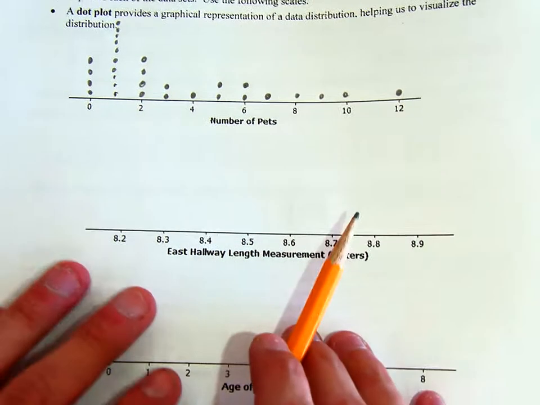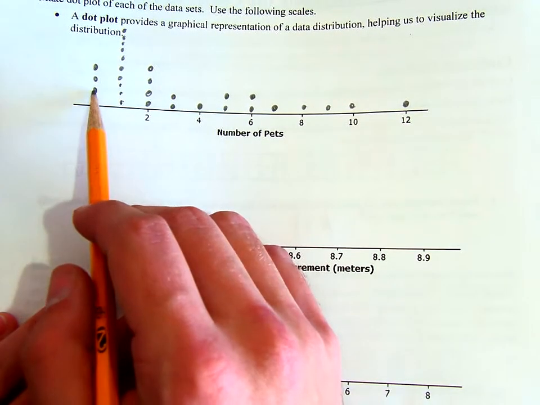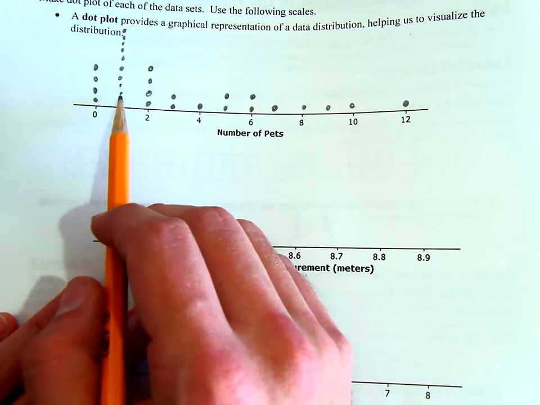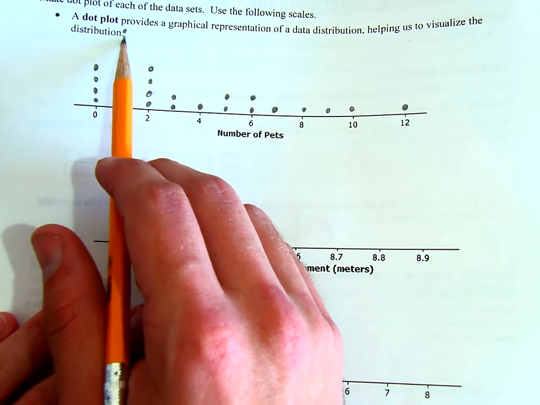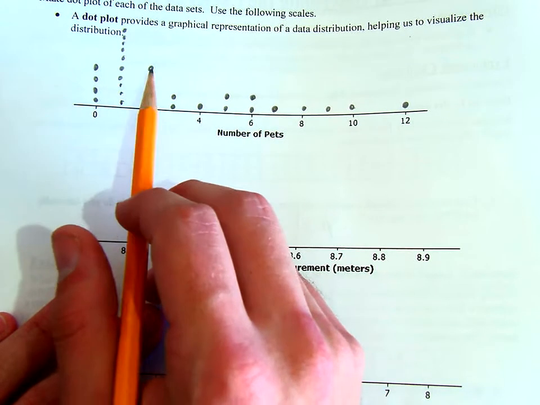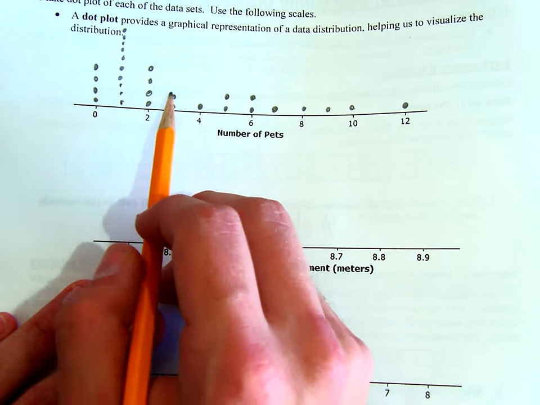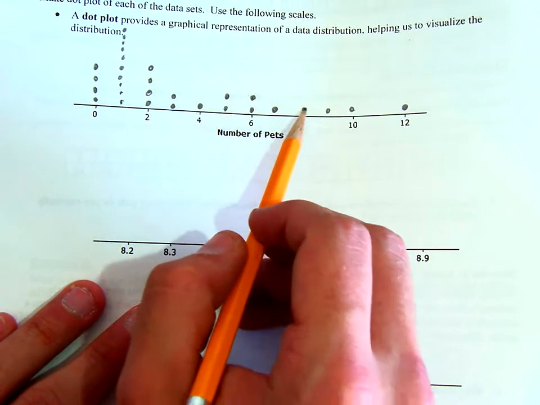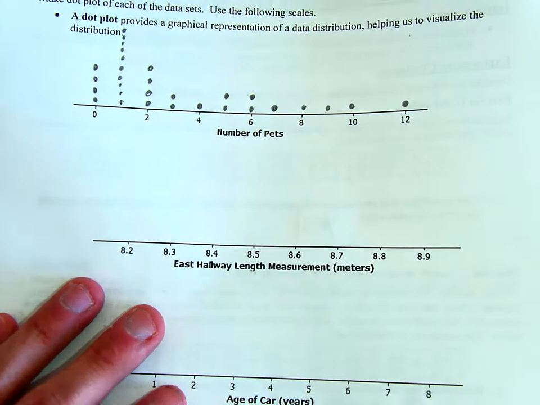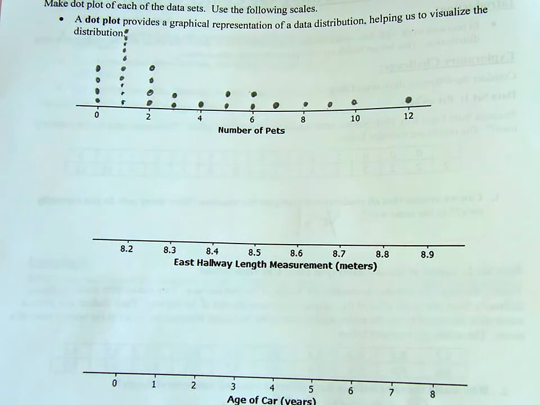So we should have 30 dots altogether on our dot plot. So we have 1 through 30. So now we're all set with that.